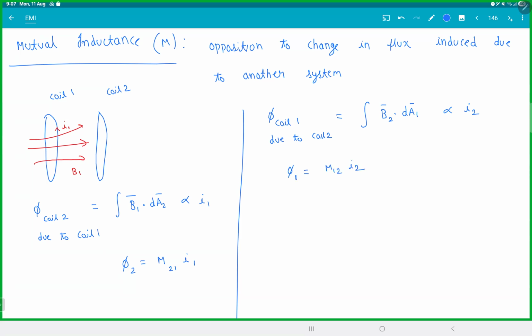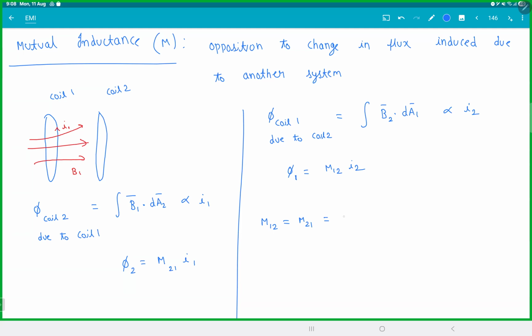So if you make both the currents the same, one thing we'll observe. Think of it like this, when the lines are going from here to here, the number of lines passing through both the coils is the same. So that means the flux in both the coils will be the same. And if you make the currents also the same, we can actually prove this with experiments, M12 becomes equal to M21.